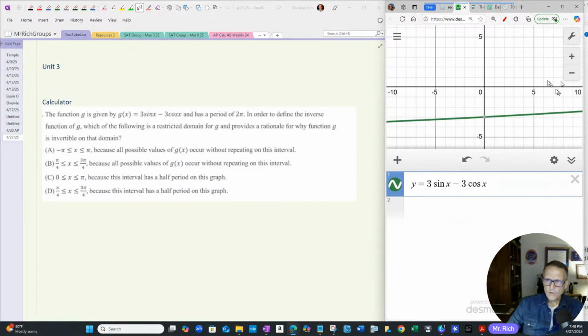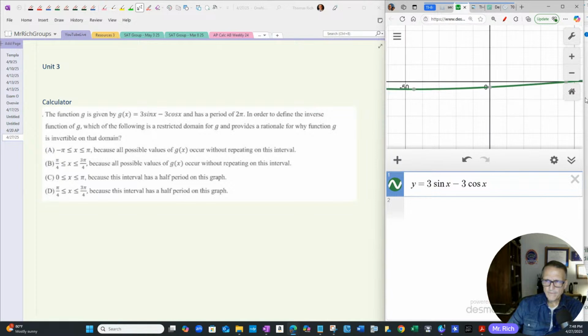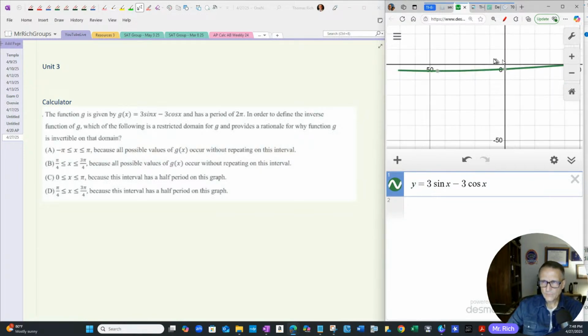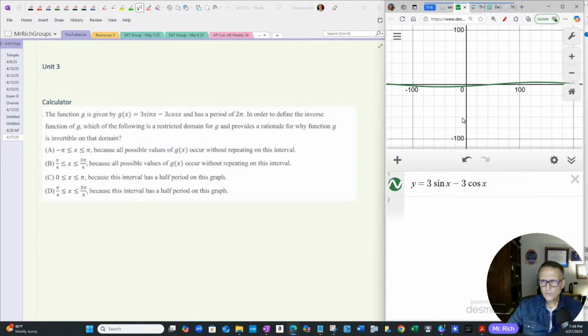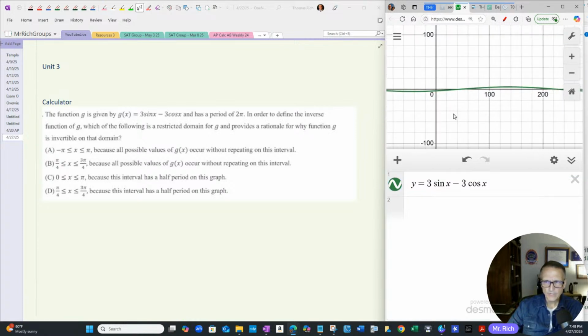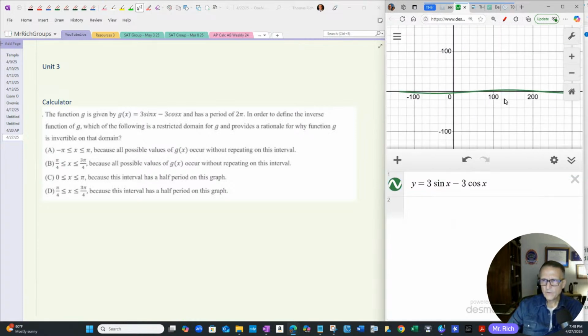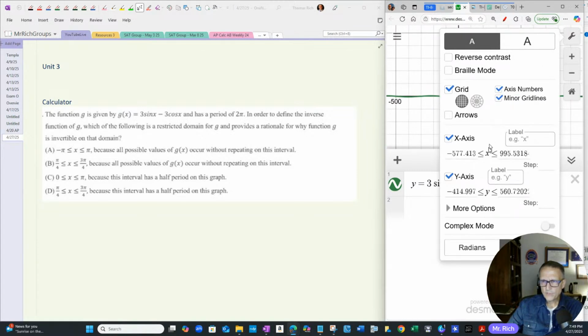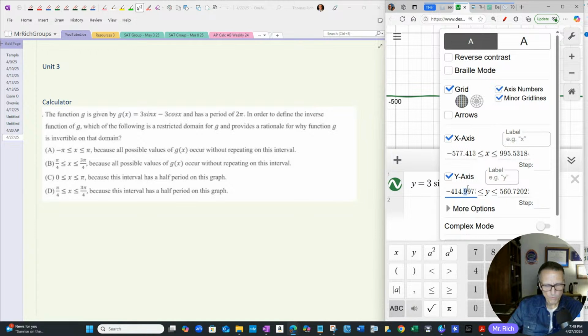Notice that whenever you are working in Desmos, you have this little viewport right here. It'll take you back to the default window, about -10, 10 on each side. Okay, so I'm going to scroll out. Now look, I don't really like what I'm looking at here. So I'm going to come way out, but I'm going to click this wrench and I'm going to really ratchet down on the y's right here.